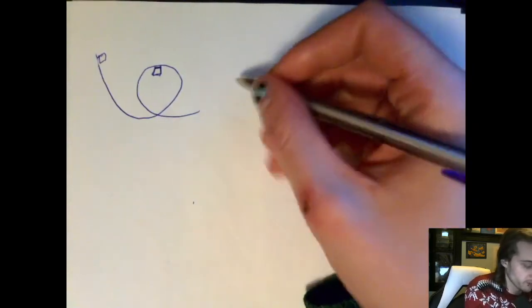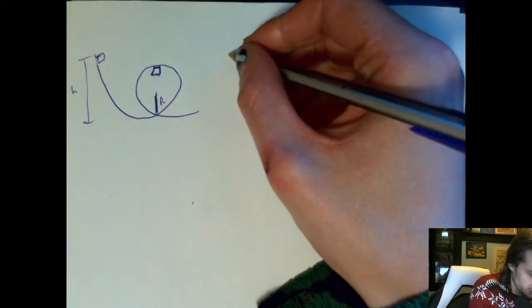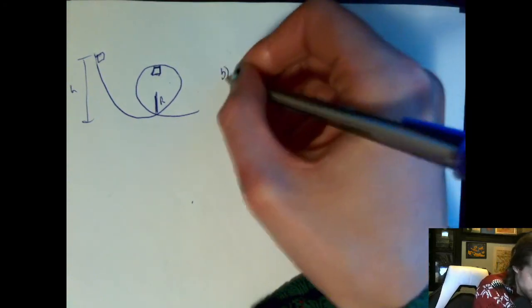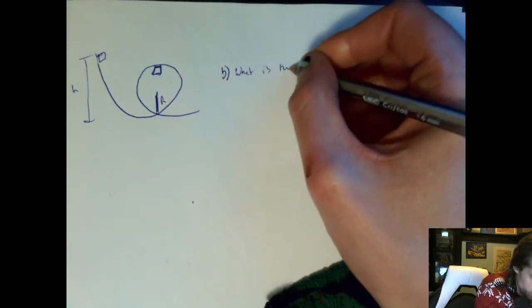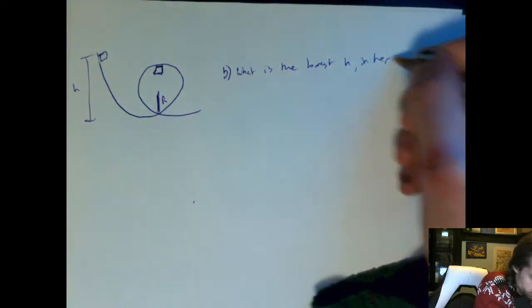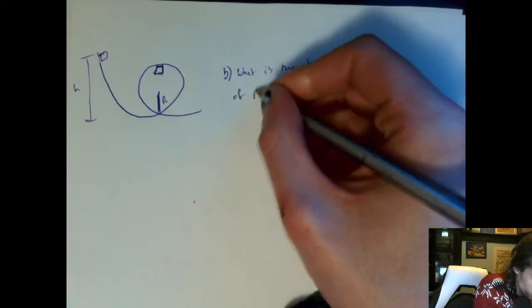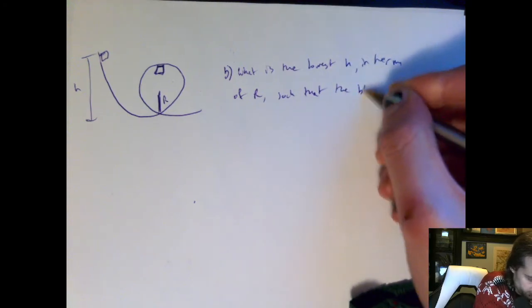A classic physics problem is to say we've got this block, we drop it from a height h to a loop of radius r, and the classic question, which I'm going to put as part B, is: what is the lowest h in terms of r such that the block does not fall?